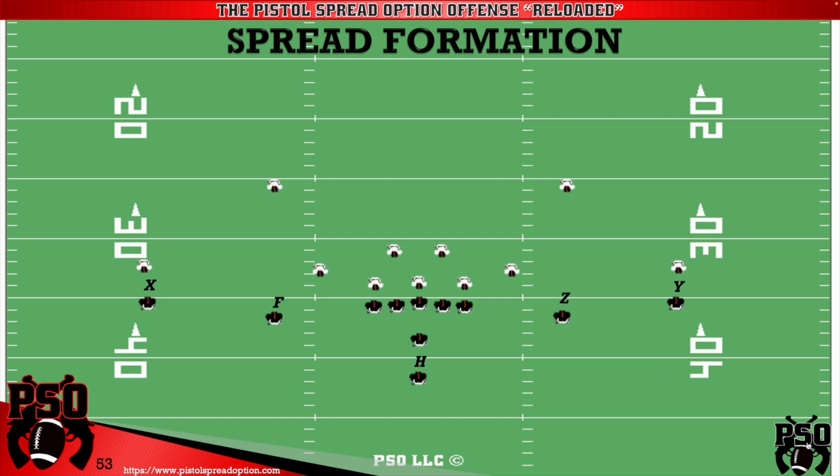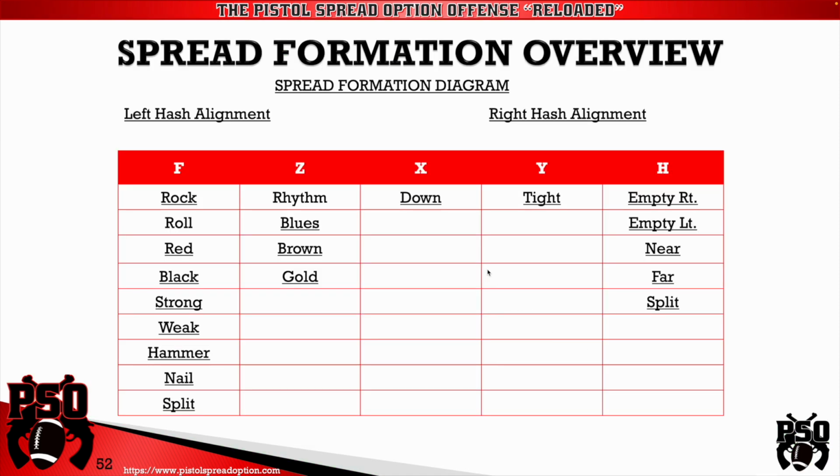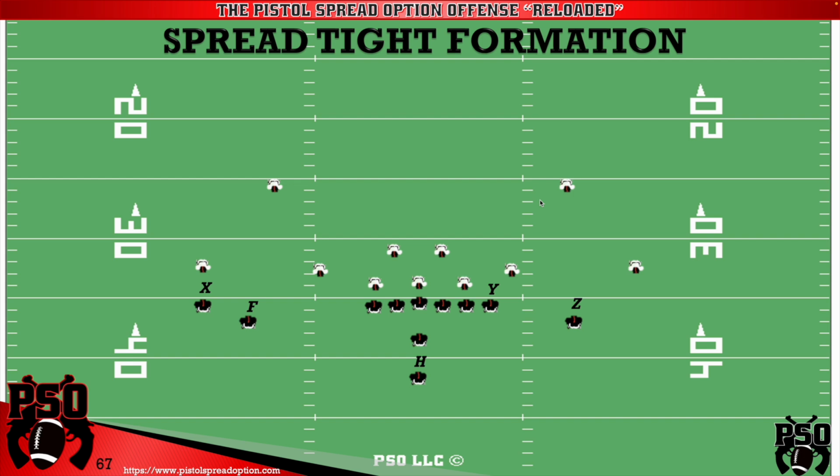Now, what we can do with that are a lot of these shifts and motions and formation spots, as we've gone through in previous videos. So we'll talk a little bit about the spread formation and all the different ways that you can get into different looks. For example, we'll start with the Y. When we make a spread tight call, that means our Y is going to be down on the line of scrimmage, and he would become a tight end.